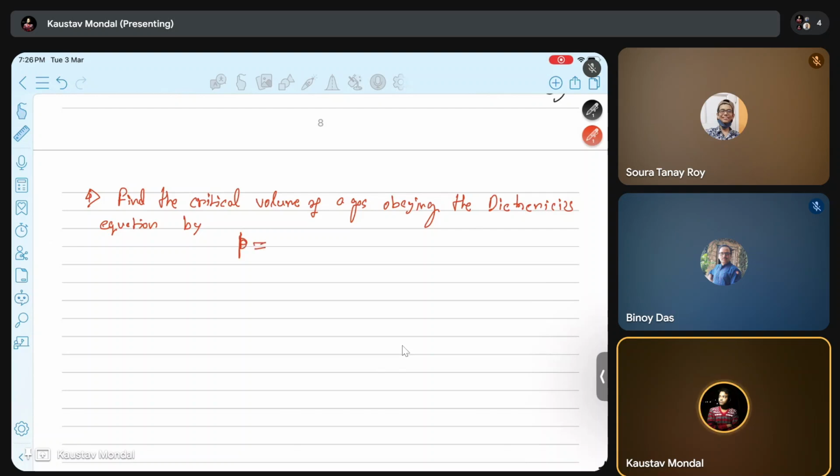This is the equation given by P equals RT over V minus B, times e to the power minus A by RT V.